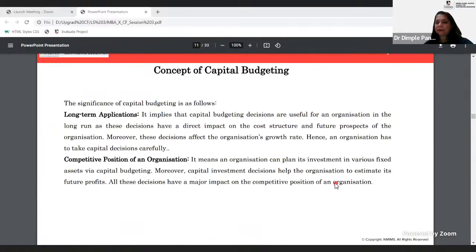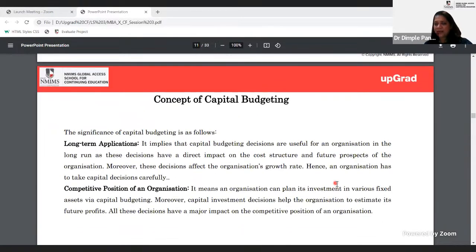So all the capital budgeting, where you are thinking about how to allocate the money in those projects which are going to give you the best return on your investment in the long run, not in the short run, right? In the long run. Remember this, because when I'm doing the techniques, we want you to understand this fact. All of them, the decision that is taken is for a long term.